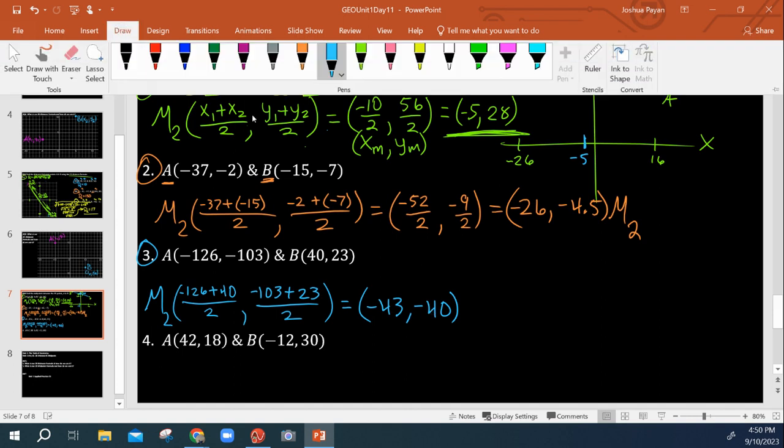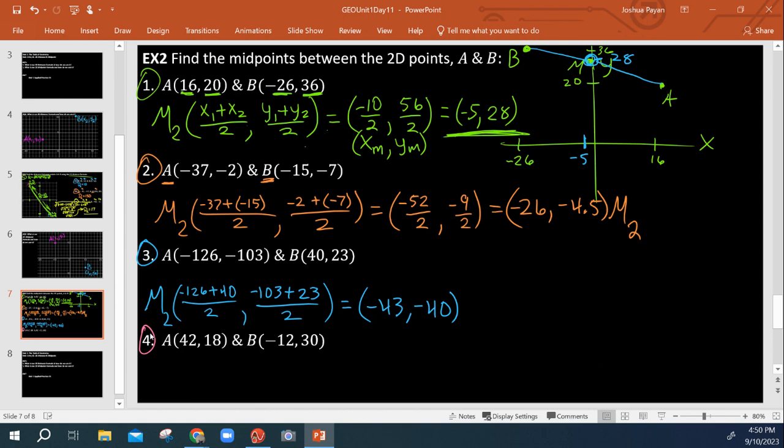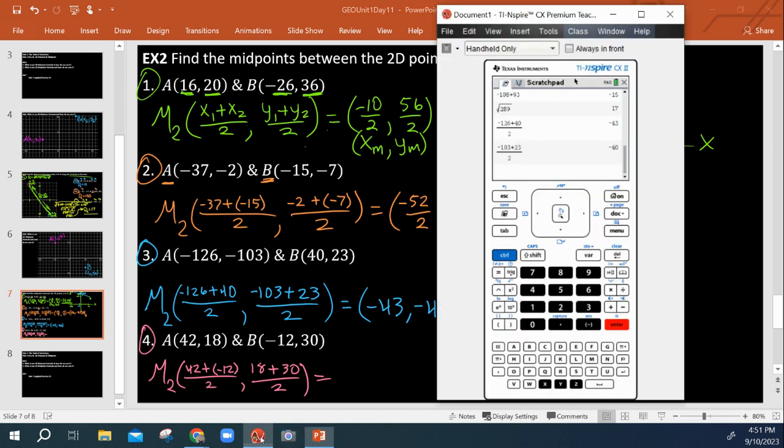Okay, one last example and make sure we've really got it. Go ahead and use pink here, because why not? Okay, so x1 plus x2, all of that over 2. That's my x midpoint. Y midpoint is going to come from y1 plus y2, all of that over 2. Okay, and again, you can just chuck it in the calculator real quick.